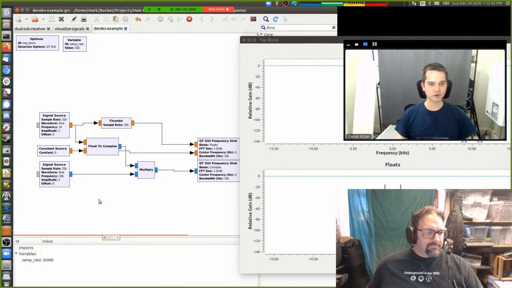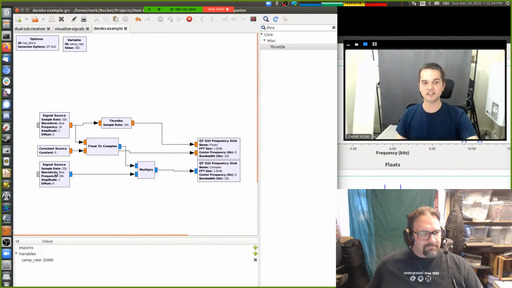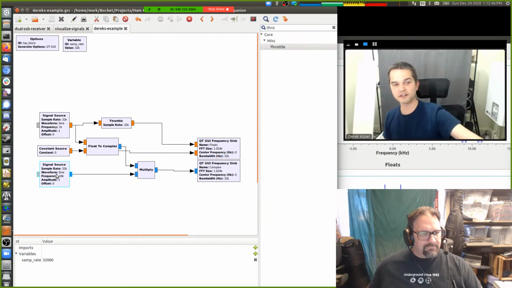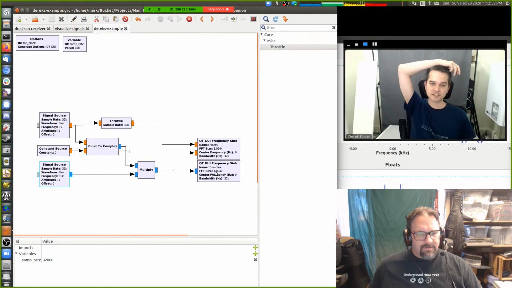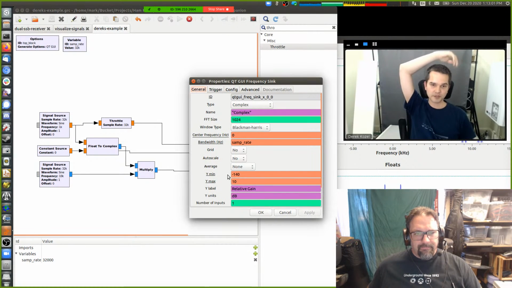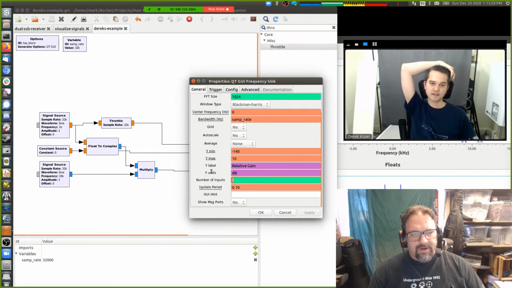If you doubled up the frequency sink that's complex and ran your local oscillator into it, we would see that. Wait, say that again? So this one here? Yes. Double it up. What do you mean by double it up? Take your complex frequency sink and give it 2 inputs. Oh, I see what you're saying.